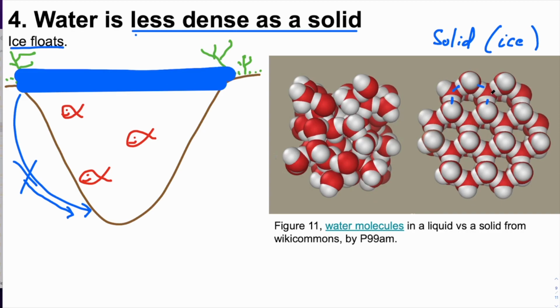If you compare that to the liquid water at left, the water molecules are still interacting with each other via hydrogen bonds, but they're not fixed, and therefore the hydrogen bonds are breaking and reforming all the time. And on average, the water molecules are closer to one another in liquid water. That's what density is, how close the molecules are to one another.